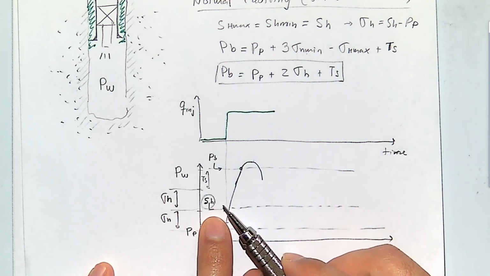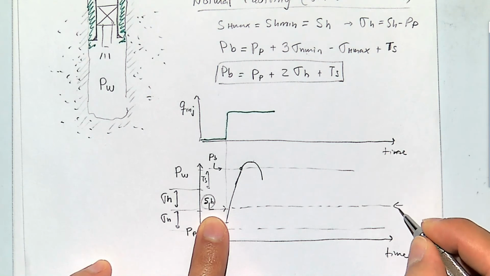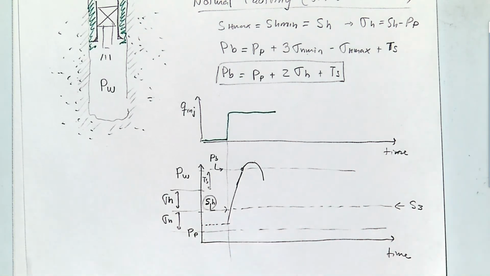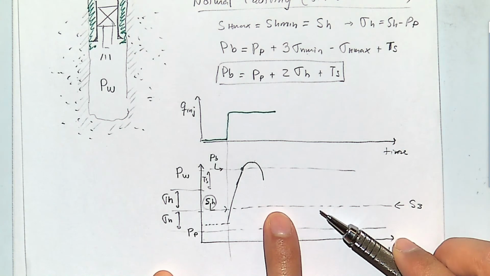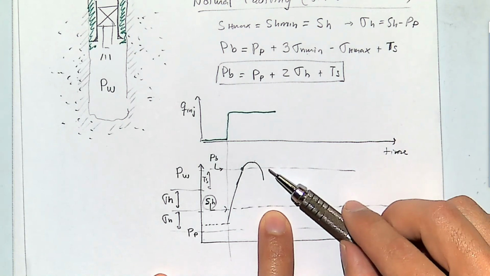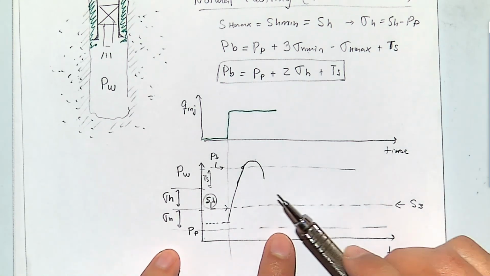Well, in this case, the minimum stress is this one. So if the fracture is open and you're injecting, the pressure for sure has to be higher than this value. So it's going to go down, but how much will it go down?